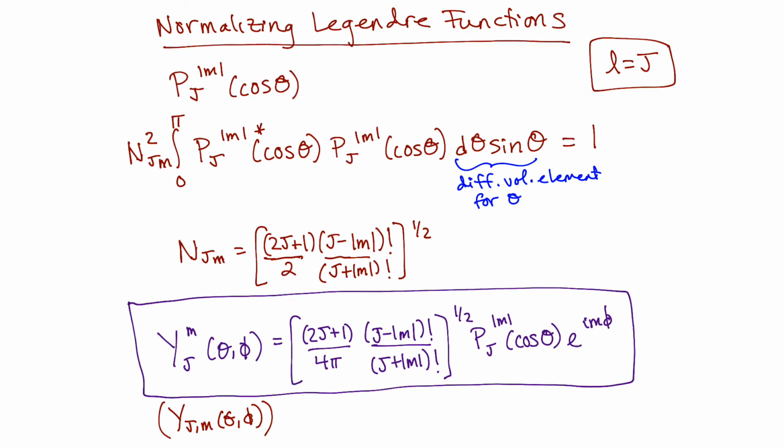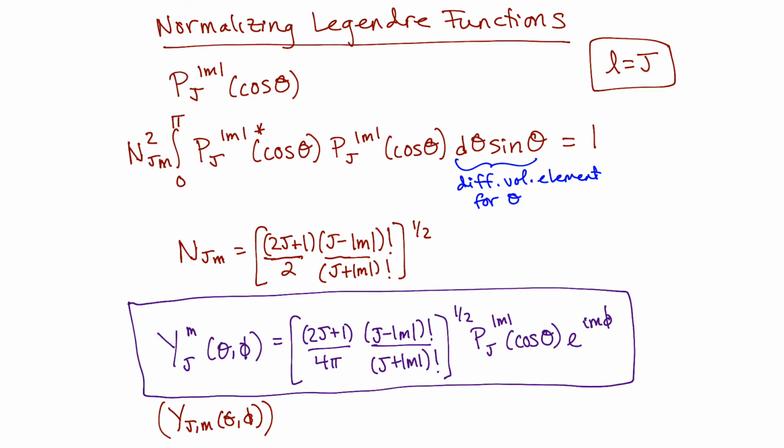And then we have our normalization constant from the Legendre functions that we just looked at above. We have the Legendre function term here. Those are our functions of theta. And then we're just tacking on the wave function that we had from the phi component of solving our Schrodinger equation from before.